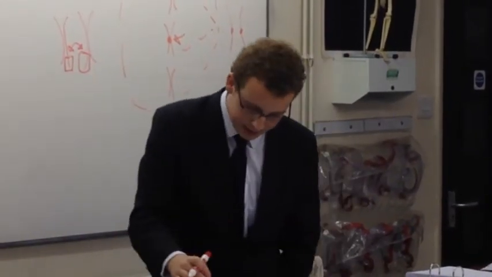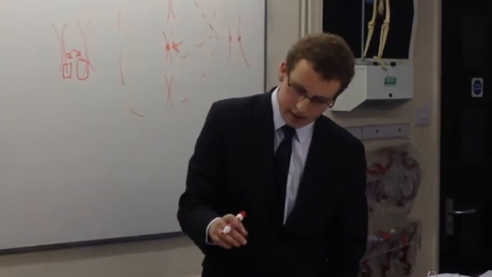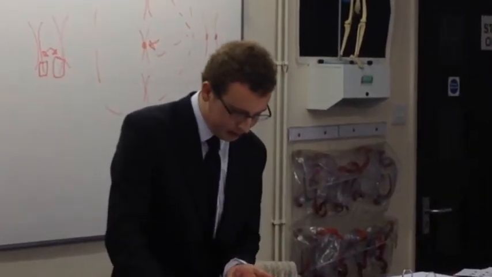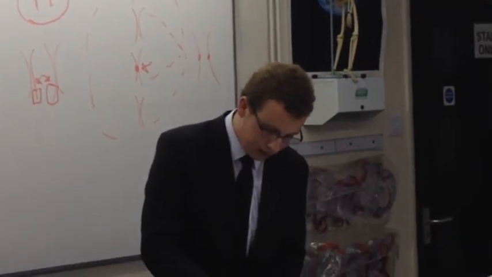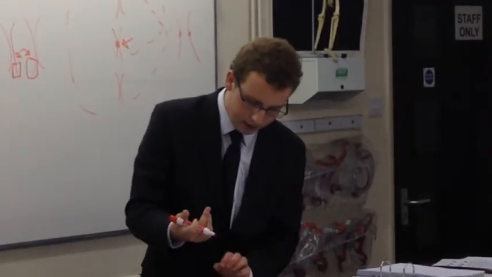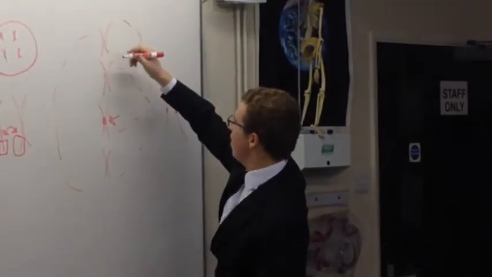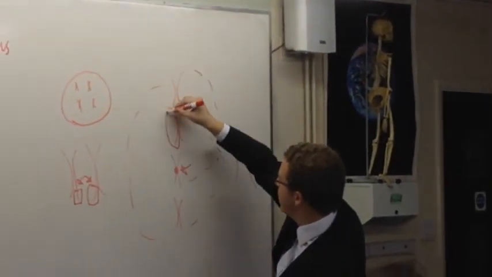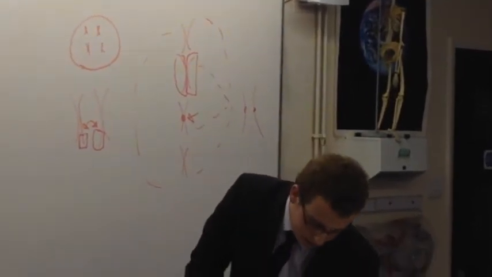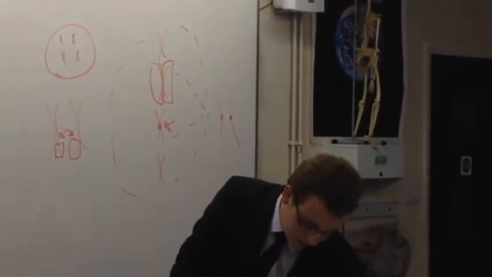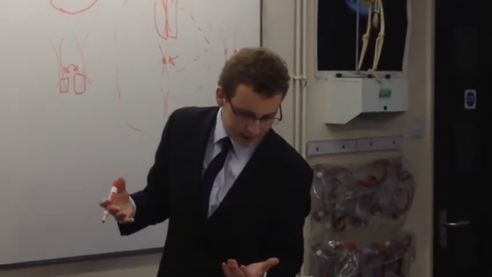And then there's metaphase 2, where a new spindle is formed, and the chromosomes are still made up of pairs of chromatids, that's one chromatid and that's another chromatid, so two chromatids. The chromatids line up on the metaphase plate again to get split up.